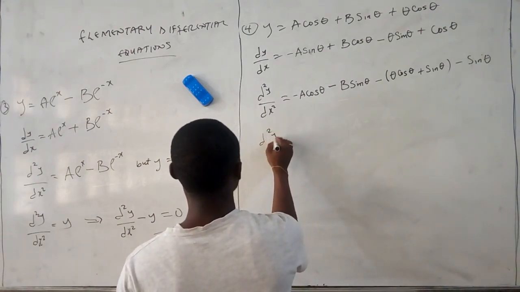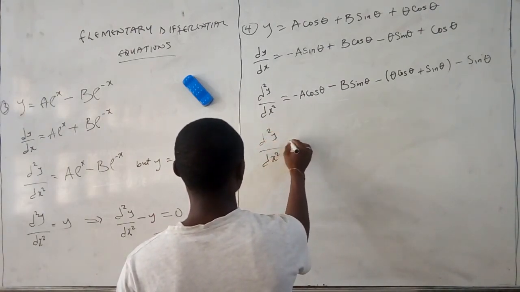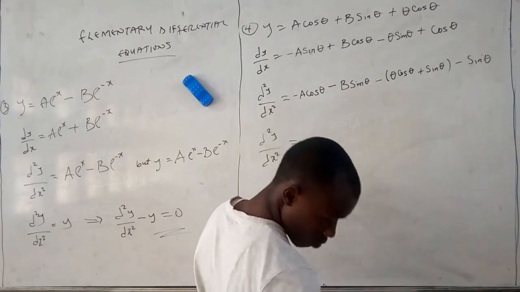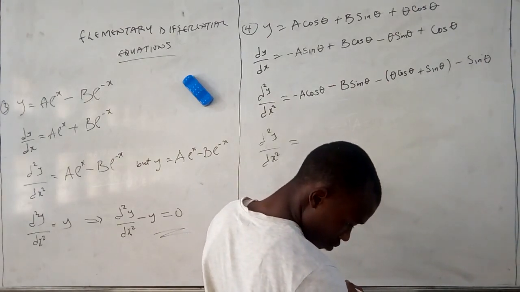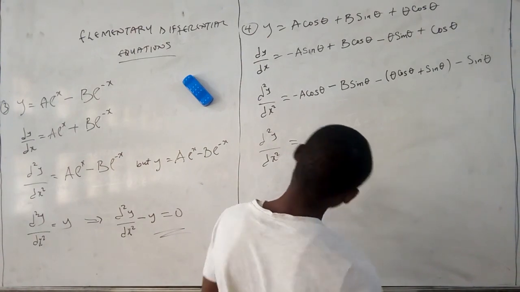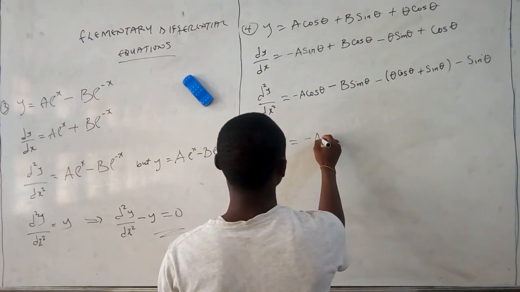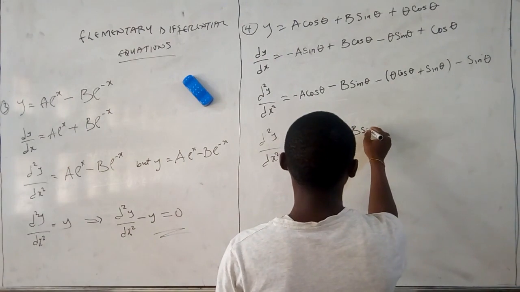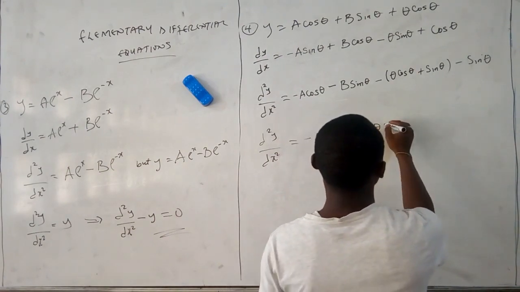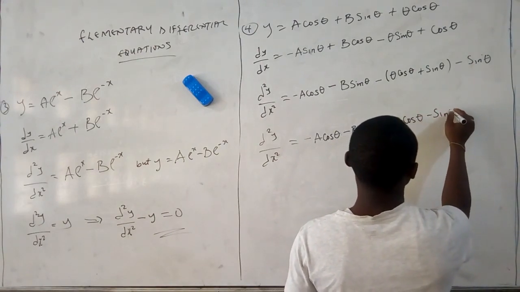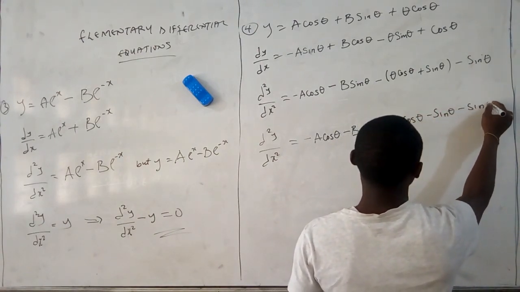So d square y all over dx square is equal to minus a cos theta minus b sin theta minus theta cos theta minus sin theta minus sin theta.